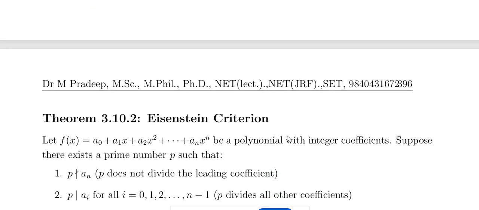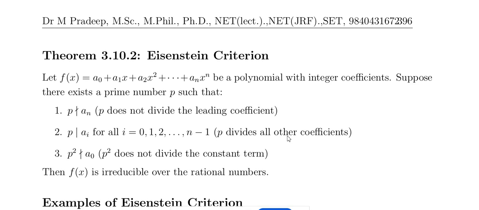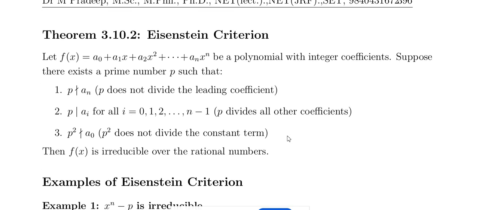That is next. Eisenstein criterion. These polynomial topics are all very important, which is why they have polynomial rings in your syllabus. So f of x equals a0 plus a1 x plus a2 x square and so on up to an x power n, be a polynomial with integer coefficients.